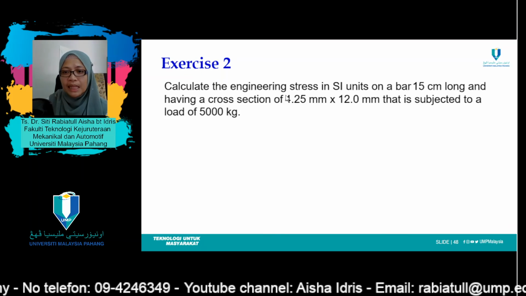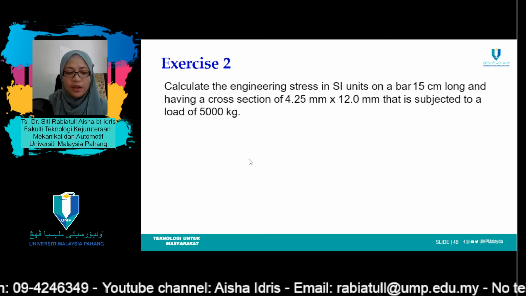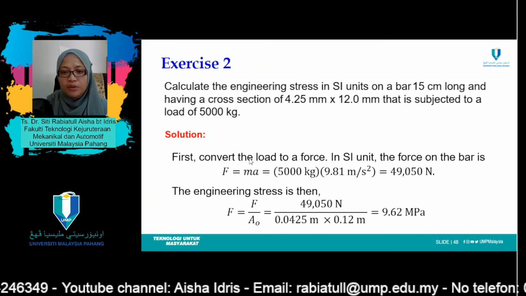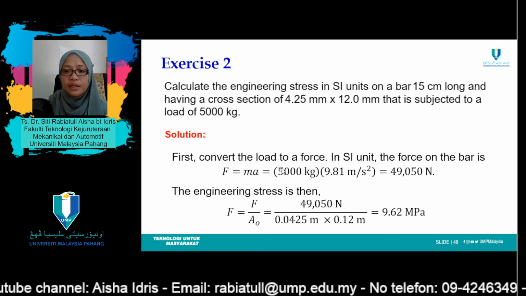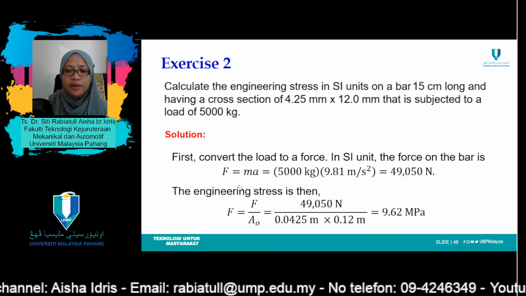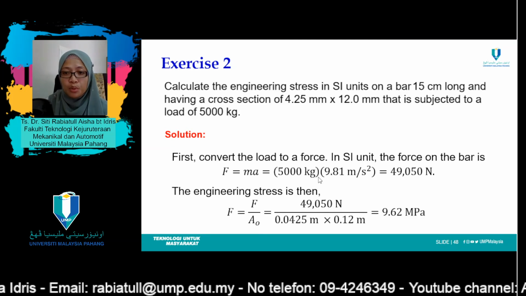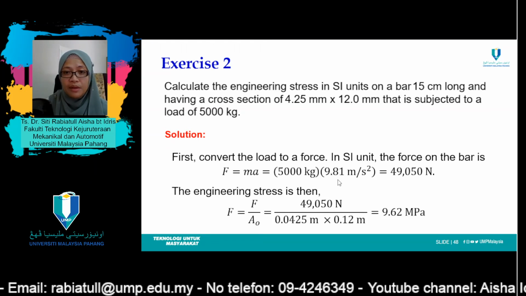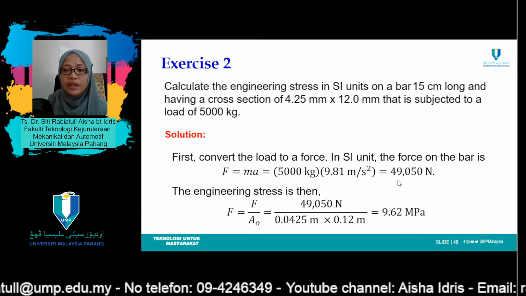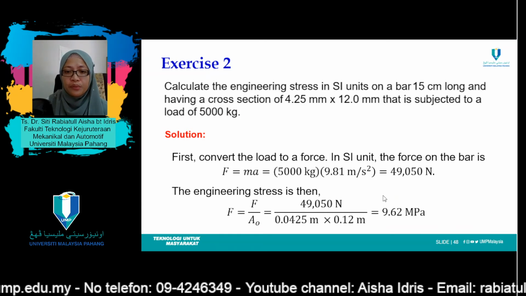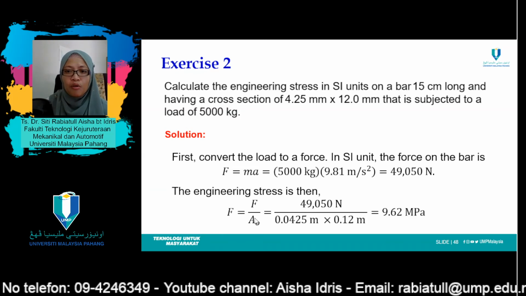Basically this shape is rectangular, and the first thing you need to do is convert the load to a force in SI units. The formula given is F equals to MA. Just substitute all the information into the formula, then you should be able to get the value of force equals to 49.05 kilonewton. After that, just substitute into the formula of stress.